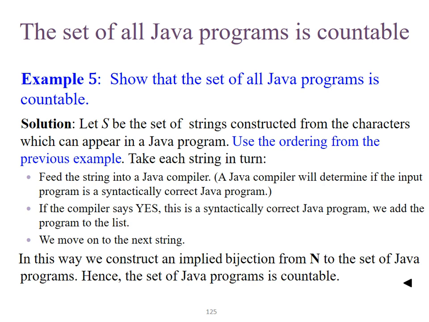If the compiler says yes, then we put it into the list, and then we jump to the next candidate string. Then we can examine all combinations of finite strings to check if each is a Java program and put them in order. That's the way we show that the set of all Java programs is countable.